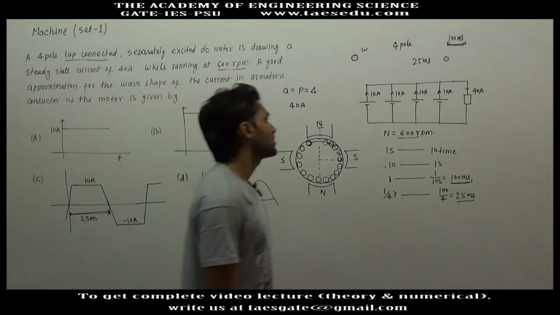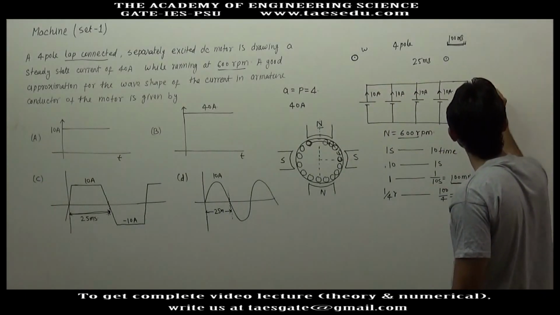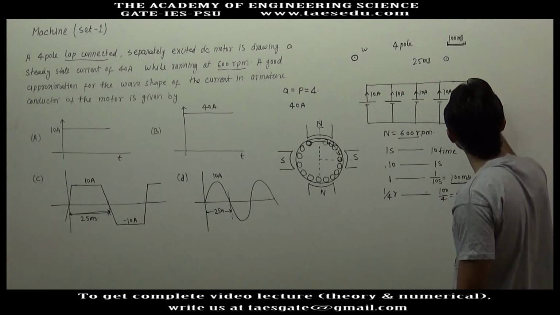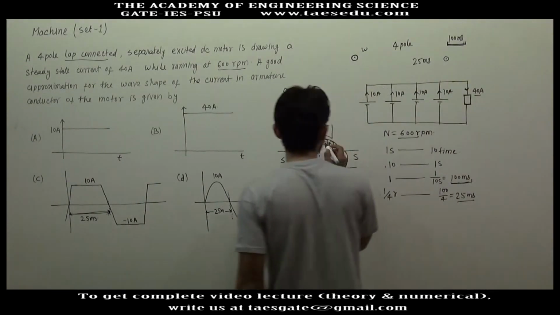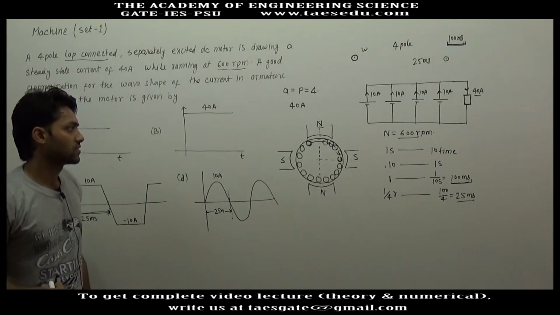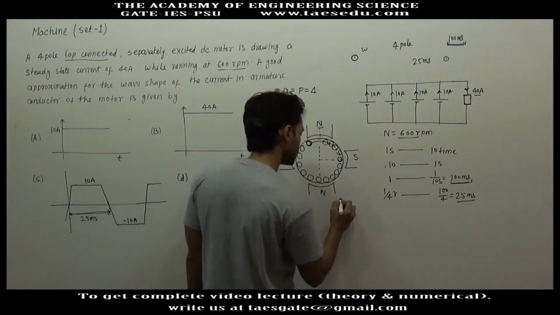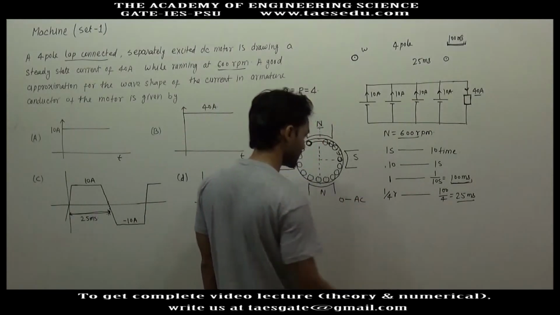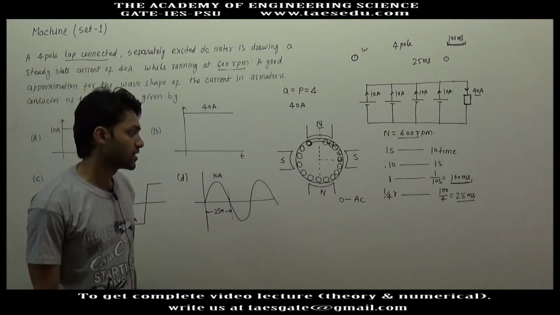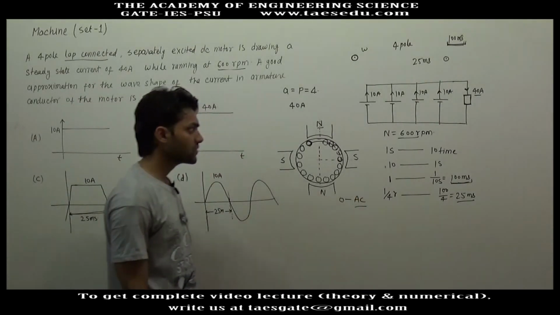A DC machine or a DC generator provides a constant current of 40 ampere to the load, but we know that the voltage generated in a conductor is always AC. The voltage generated in the conductor is AC, but in a DC machine with the help of commutator and brushes this AC voltage is rectified to DC voltage.